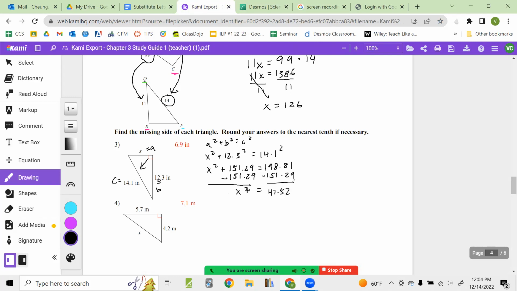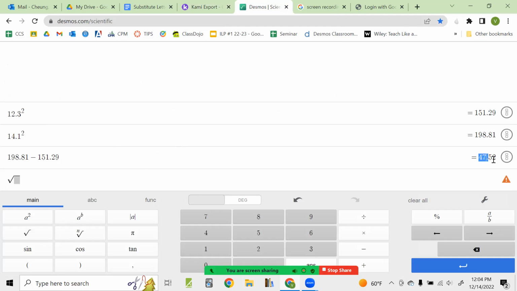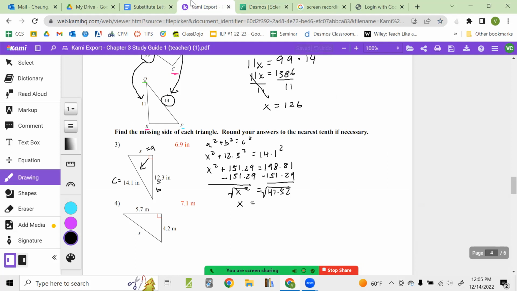And then to get rid of that squared, we take the square root. That's the opposite. Sorry, it's not that clean, my writing. So we're going to take the square root of 47.52. This is why I like the Desmos calculator, because it has all the symbols nice and neat. 6.9. So x is 6.9 inches, which matches our answer.